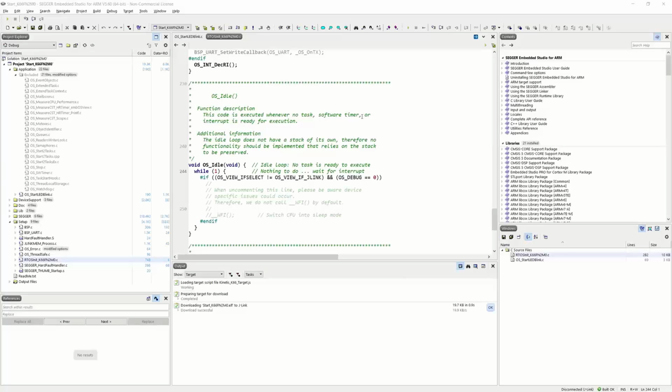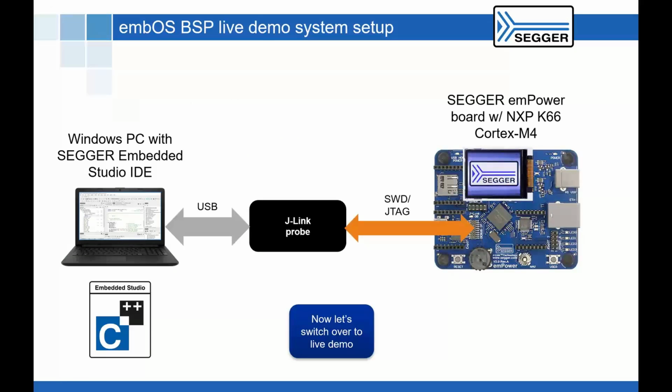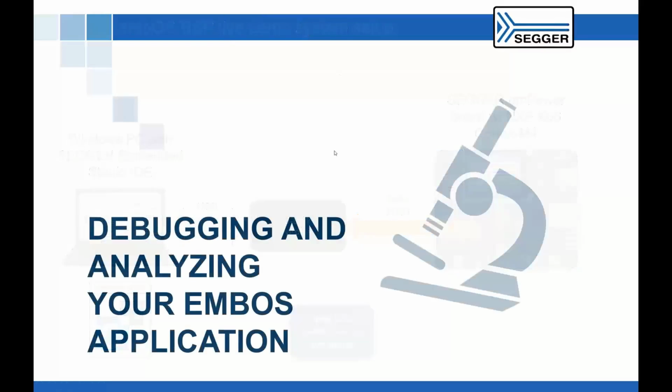So let's go back to PowerPoint. Okay, so we've done that. The next demo I want to show is how to make it easier to debug and analyze once you've got an embOS application up and running.